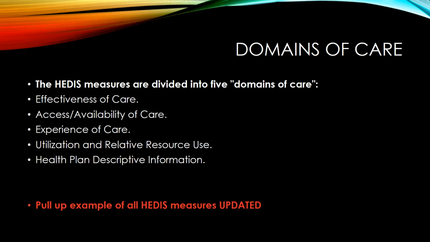I know this is a little off topic. Well, not really, because HEDIS and MRA HCC go hand in hand. So a few people reached out to me in regards to the domains of care. They wanted to know what they were. So you have 5 domains of care: the effectiveness of care, access and availability of care, the experience of care, utilization and relative resource use, and the health plan descriptive information.